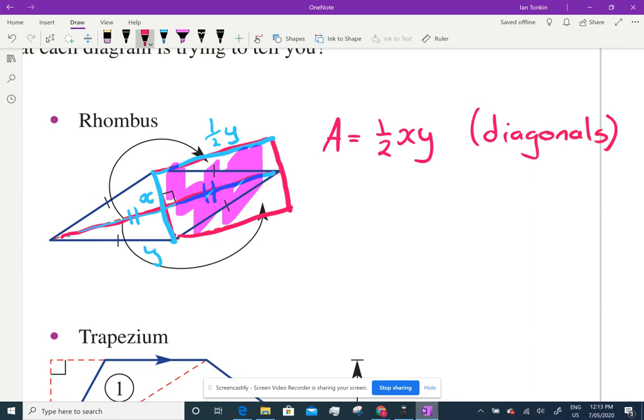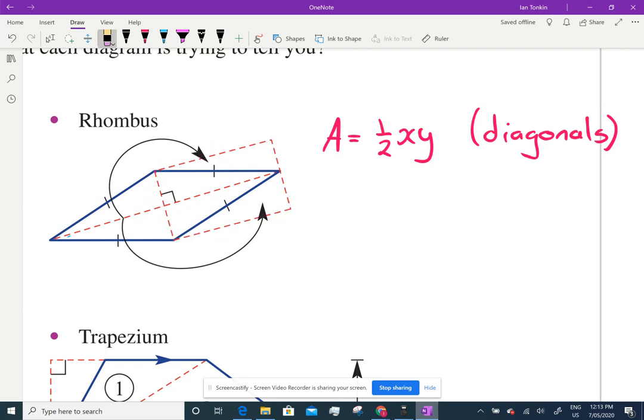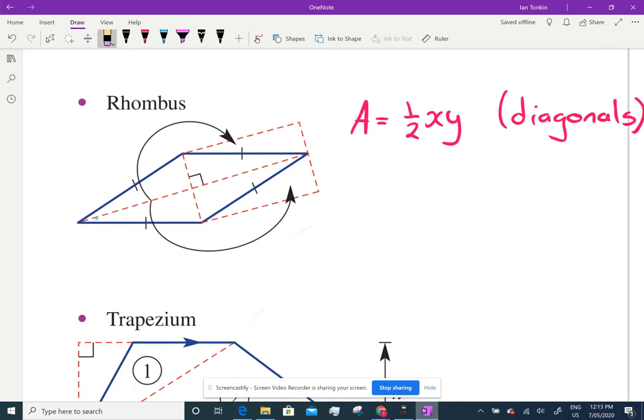It's a pretty good way to do it. There is another way to do it that uses right-angled triangles, but I like that method.